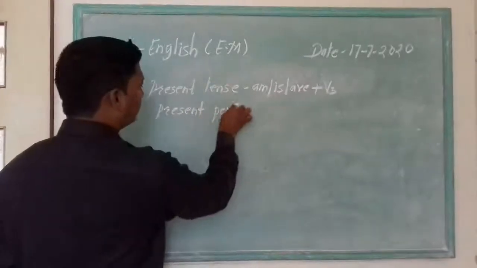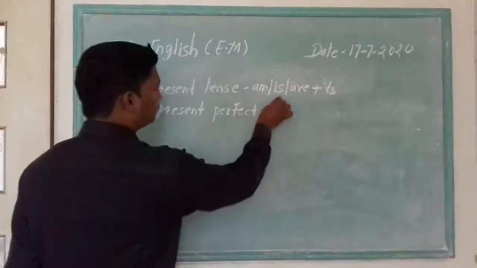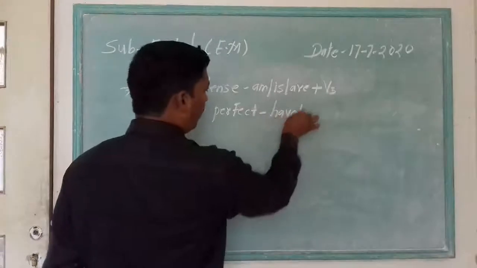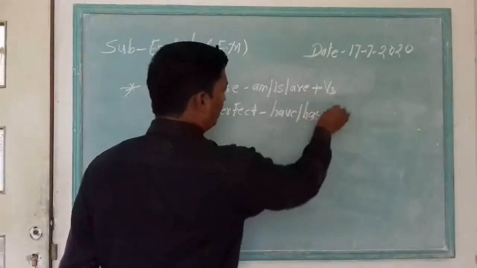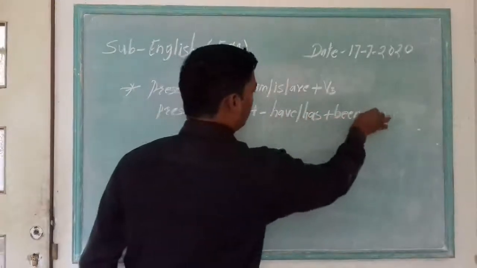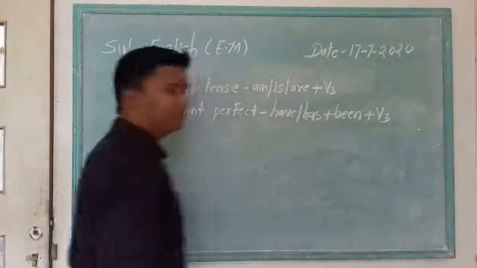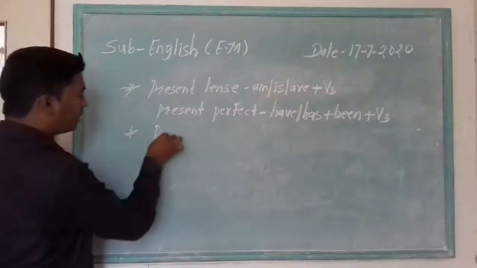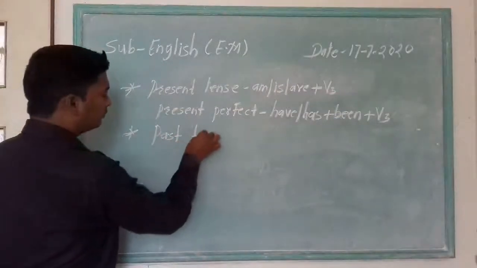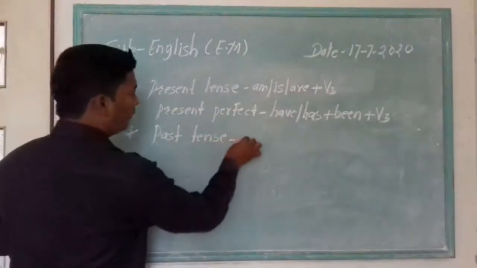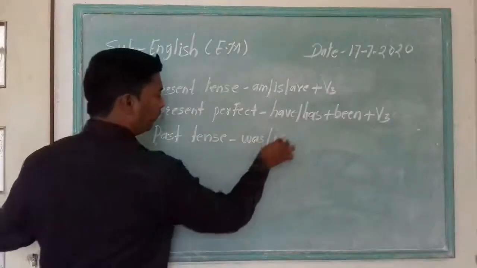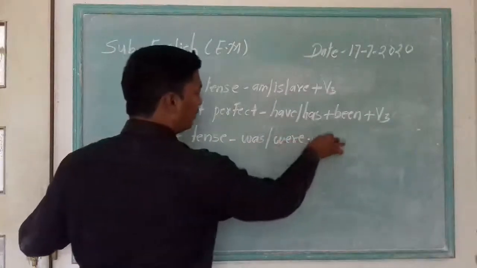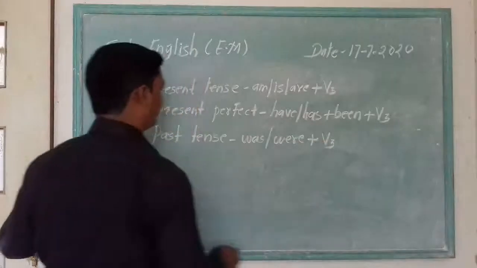Present perfect: have or has plus be plus V3. Past tense: was and were plus V3.